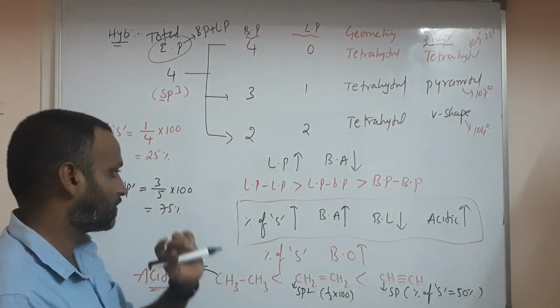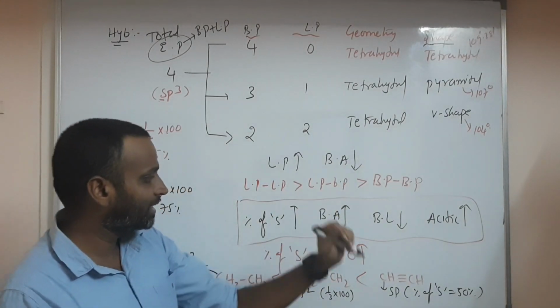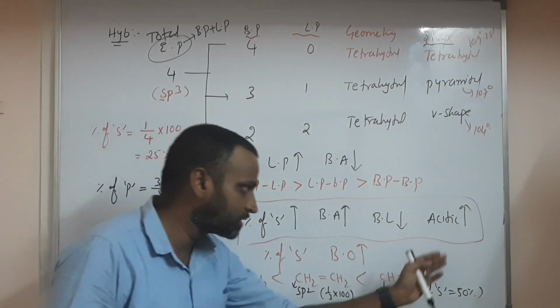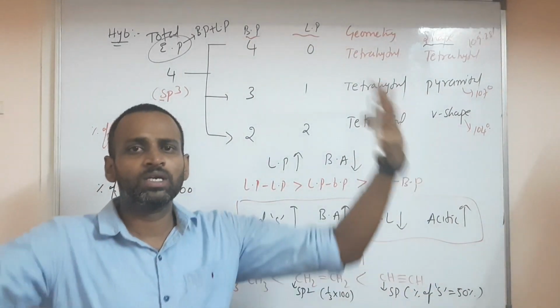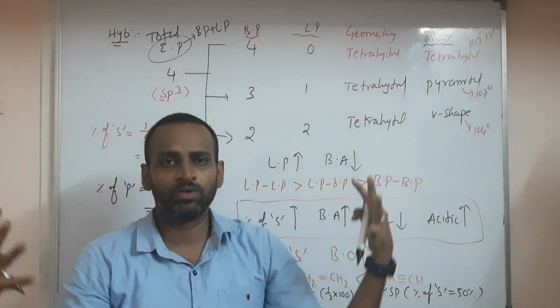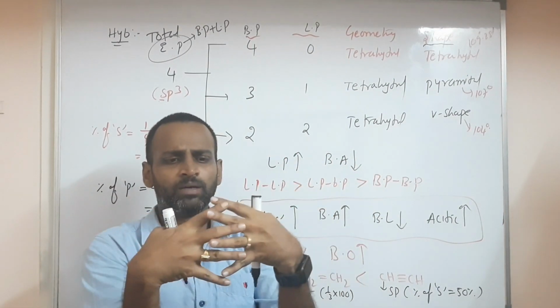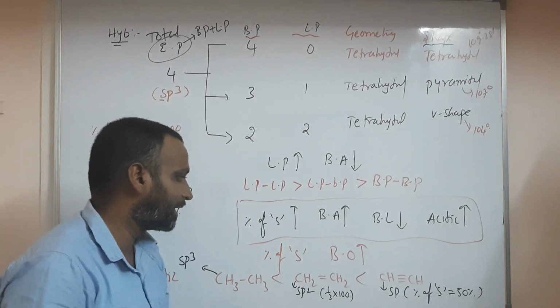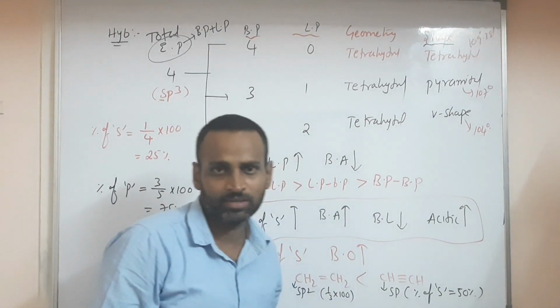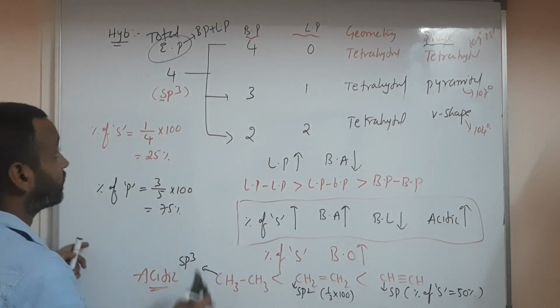So as percentage of s character increases, bond angle increases, bond order increases, acidic nature increases, but bond length decreases, because the number of bonds increases and they become closer. So these are all very important.